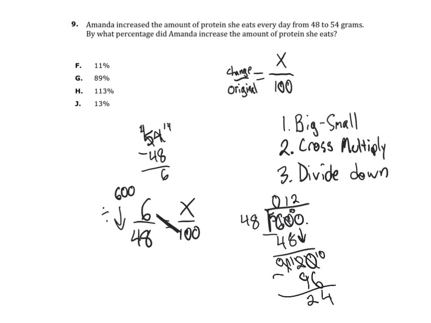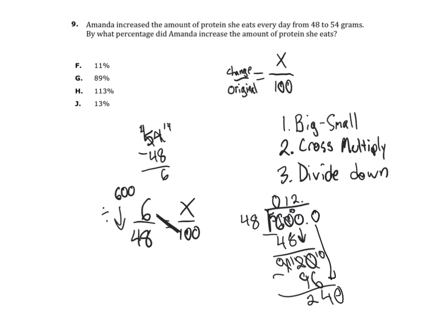Now we have to do a decimal because we have to keep going because they're really close. 11 and 13 is really, really close. So we have to continue going on with the problem to see if we need to round up or round down. So we add a 0, bring it down.